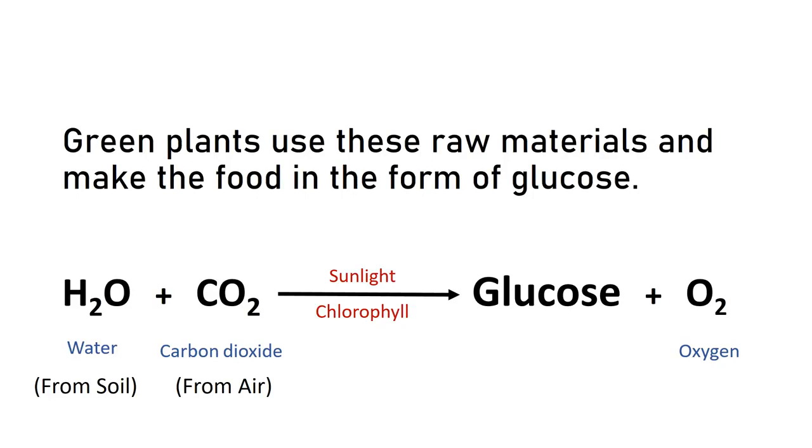Green plants use these raw materials and make their food in the form of glucose. Thus, the process by which green plants make their food from carbon dioxide and water using energy from the sun and release oxygen is called photosynthesis.